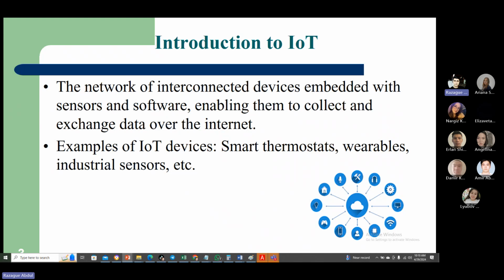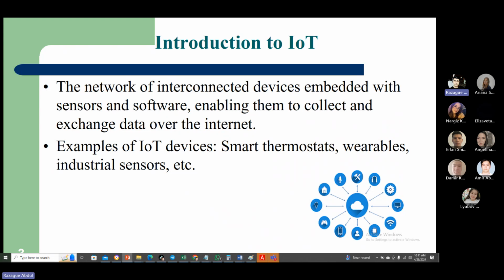The broader definition of IoT means IoT devices encompass a diverse range of objects, from consumer electronics like smart home appliances and wearable devices to industrial machinery and infrastructure components.